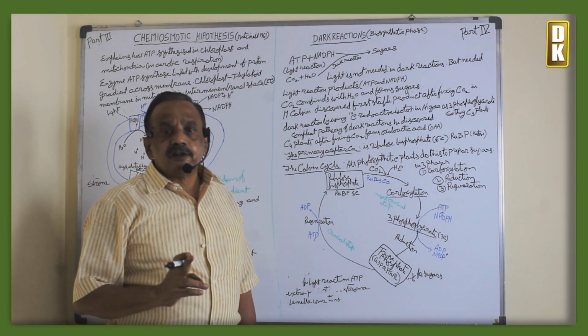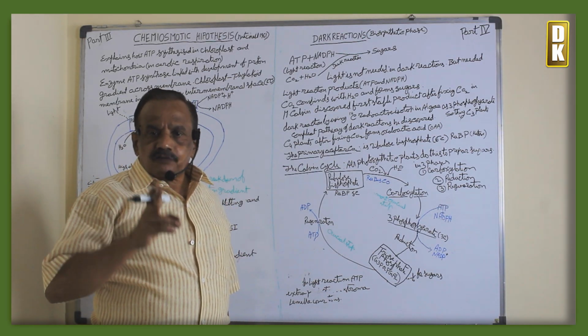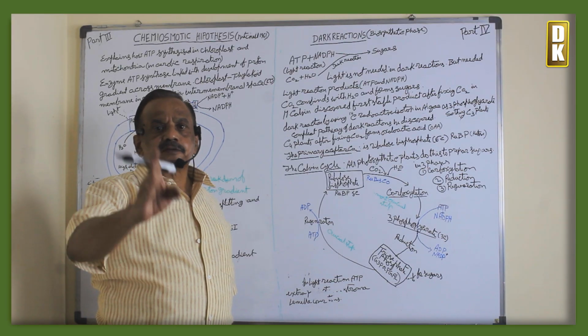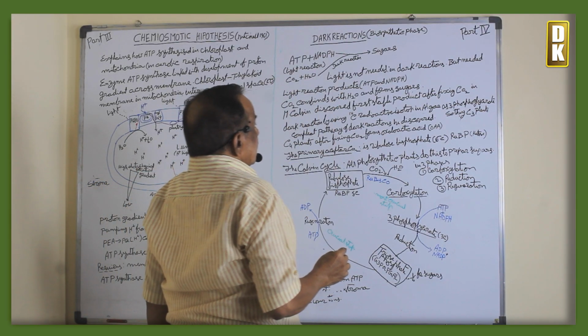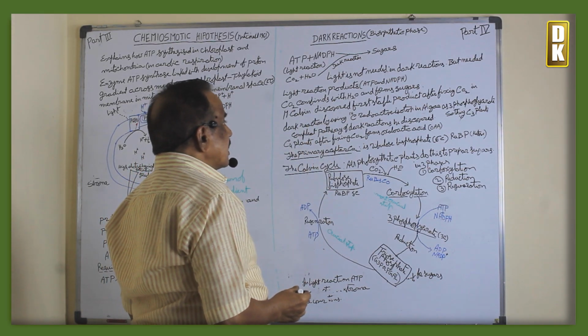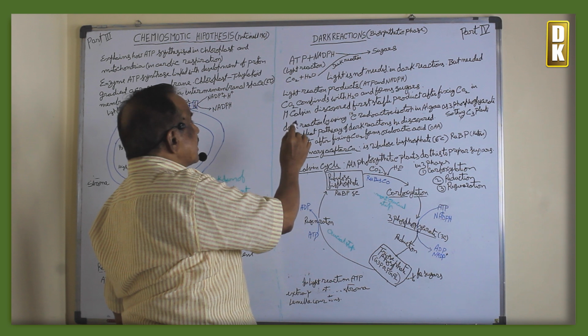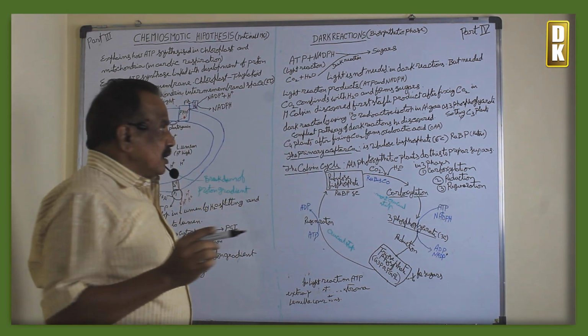That hydrogen will be joined with the carbon dioxide and it will form the sugar. That is what I have shown here. So light is not needed in the dark reaction, but the light reaction products, that is ATP and NADPH, are needed.